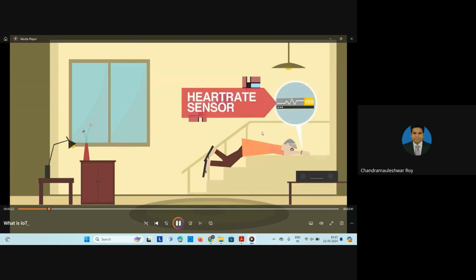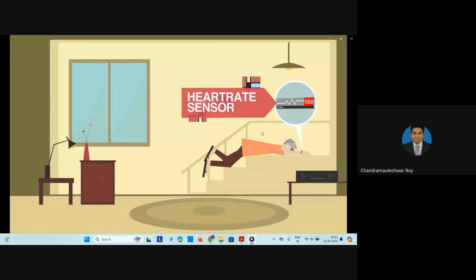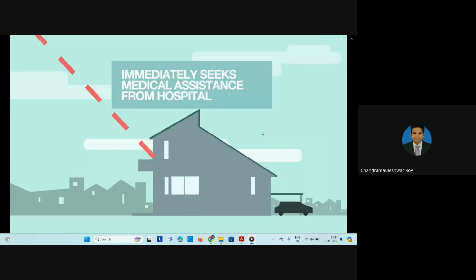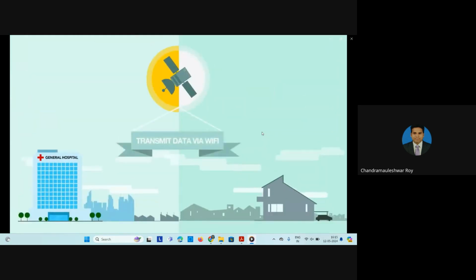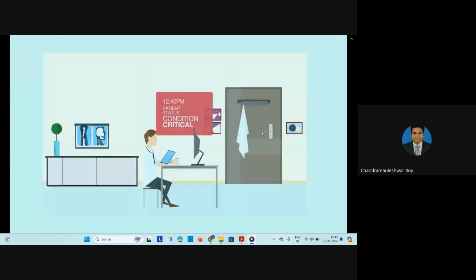You can see this video and find how healthcare can be designed using IoT based concepts, and you can make a smart healthcare system.